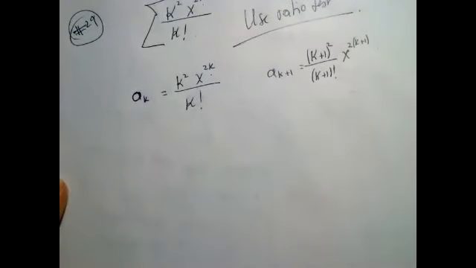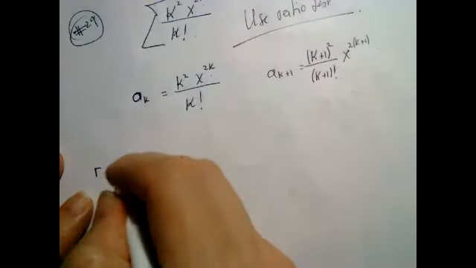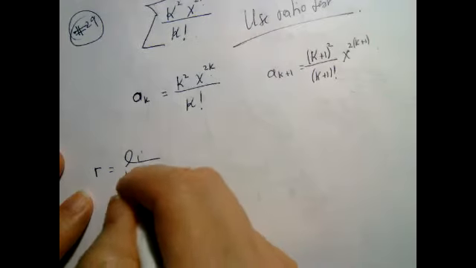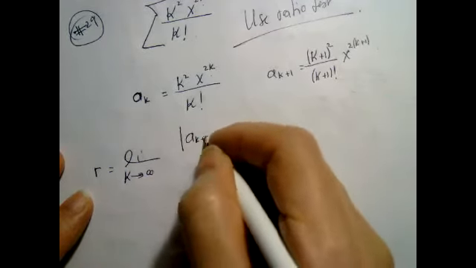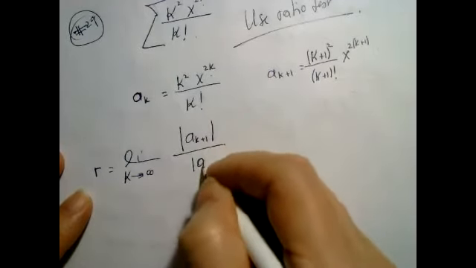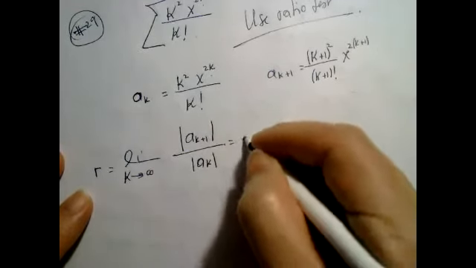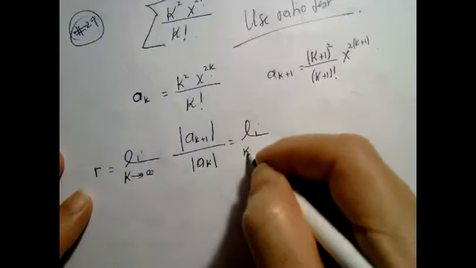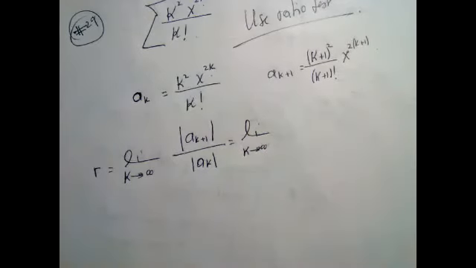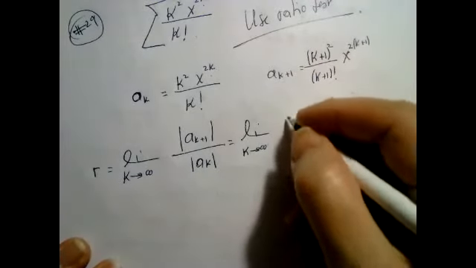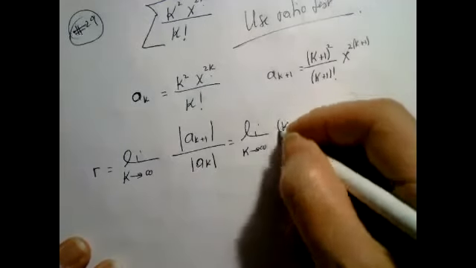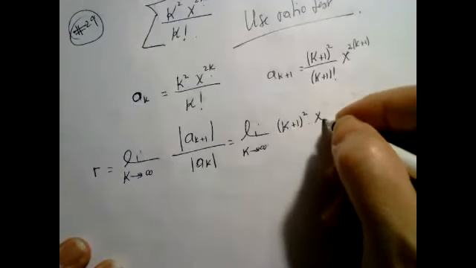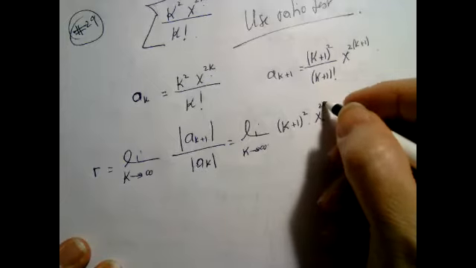And now I evaluate the ratio over a_k. So it's the limit. The question is which x I can put in. (k+1) squared times x to the 2k plus 2.